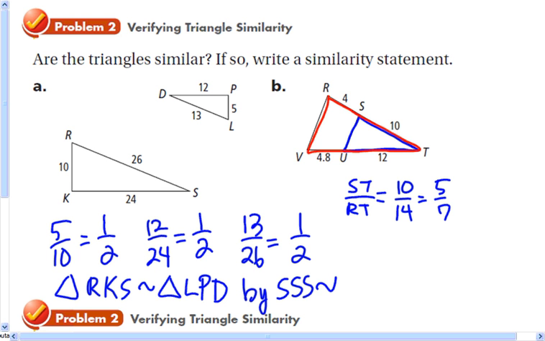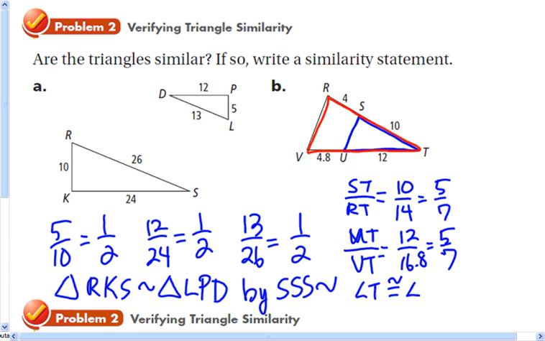Then we're going to do UT over VT, and that's equal to 12 over 16.8. And if we simplify that, it'd be the same as 120 over 168, but that also simplifies to 5/7. And one other thing we know is that angle T is congruent to angle T, and they both share that angle.